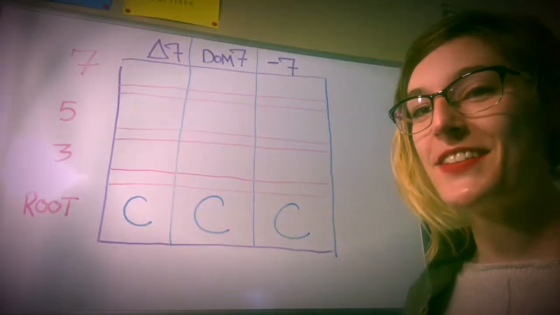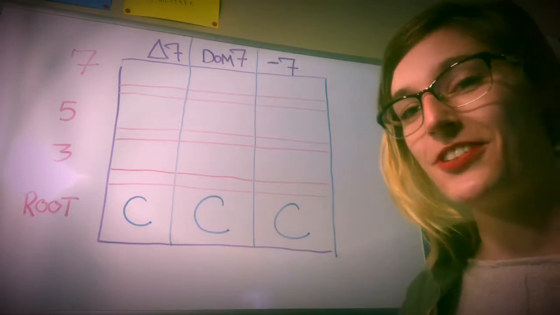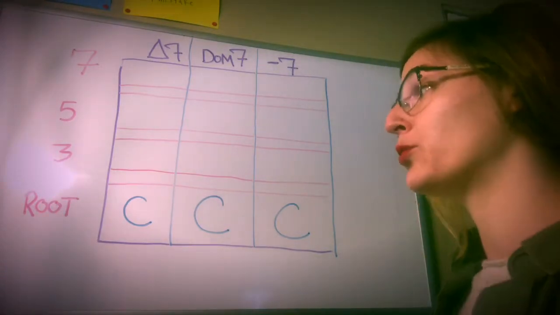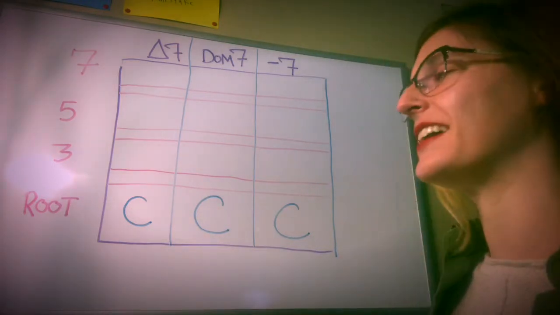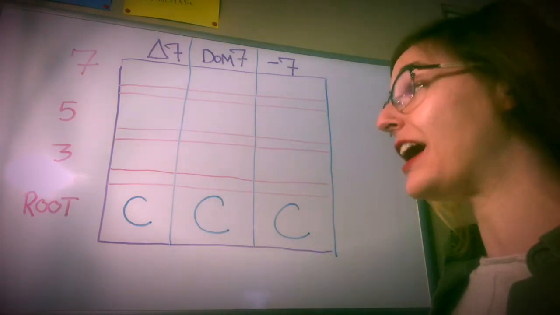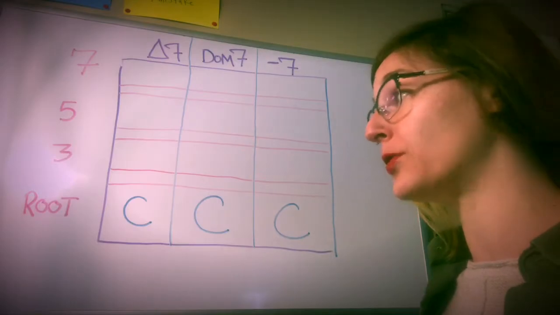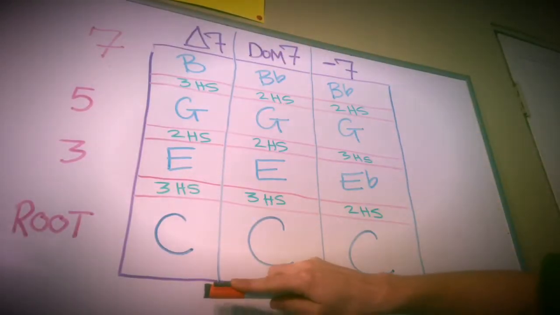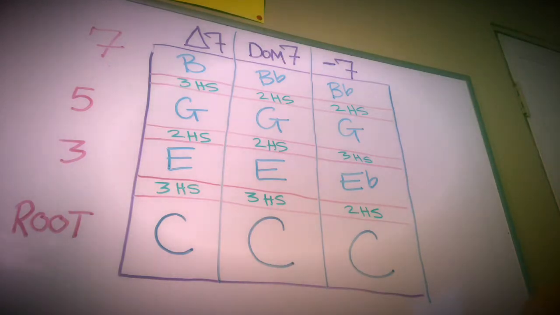Now it's time to break down these formulas for building different types of 7th chords, using C as our root and example, knowing that this music theory applies to any root note you start from. In the first column of this chart, we see the formula for building a major 7th chord.